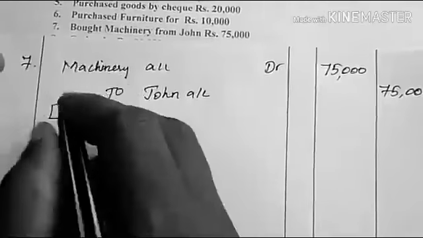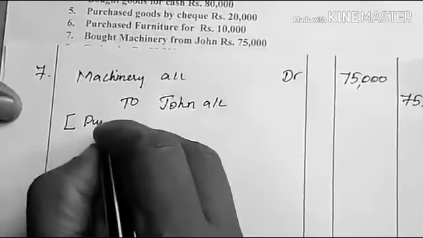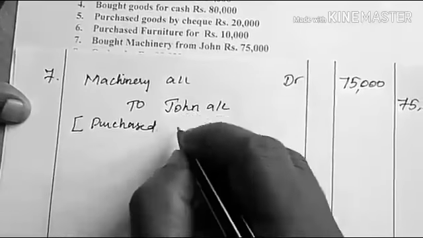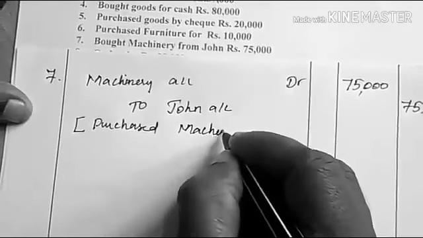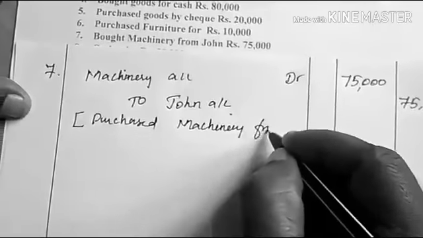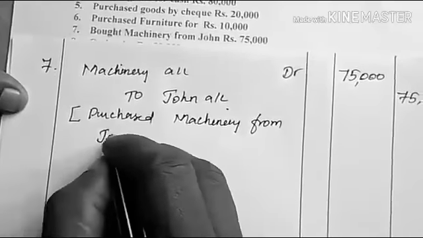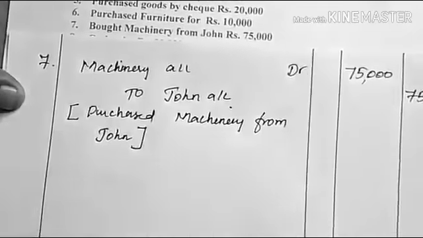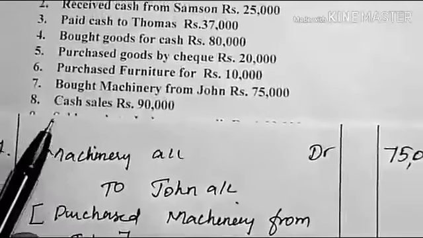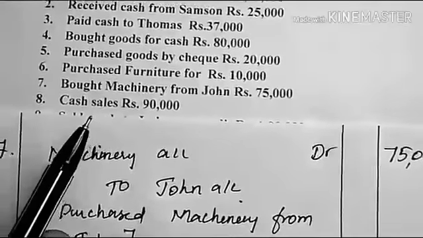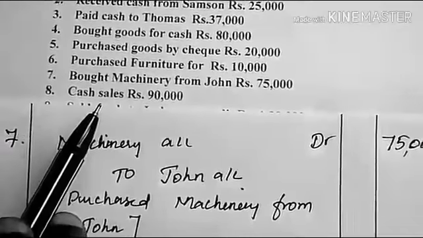Purchased machinery from John. Then next transaction, cash sales. See, purchase and sales can be in two forms.